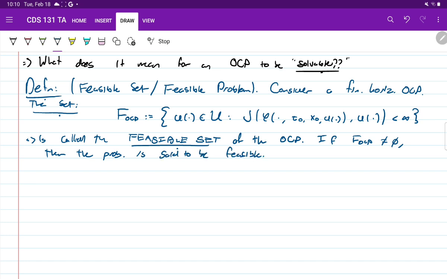Otherwise, if F_OCP is empty, the problem is infeasible. All right, so basically the problem is called feasible if there exists an input in our input signal space that gives us finite cost. Now, if we always have infinite cost, then there's not really anything we could say about the minimization, so we say that the problem is infeasible, all right?